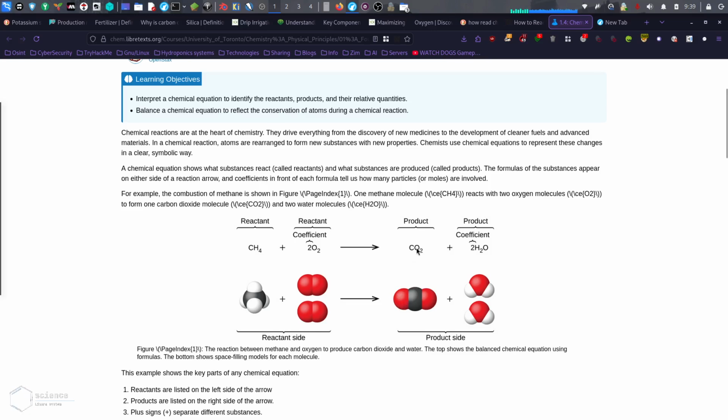But we have 2 oxygen atoms connected to a carbon atom, and we say carbon dioxide: carbon plus 2 oxygen atoms, in other words. Okay, 1 methane molecule reacts with 2 oxygen molecules to form 1 carbon dioxide molecule and 2 water molecules.